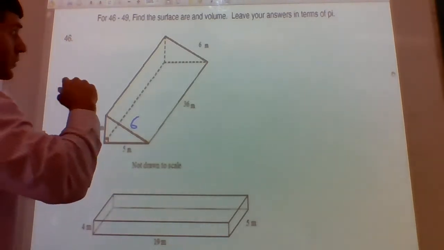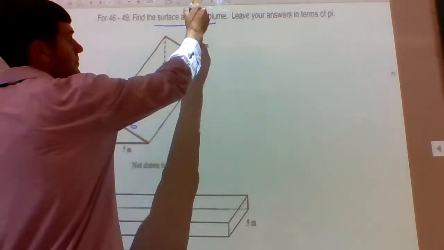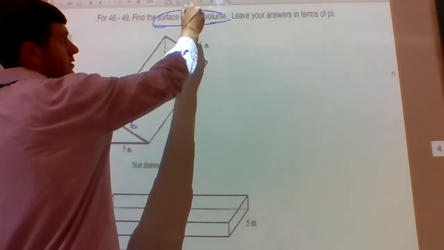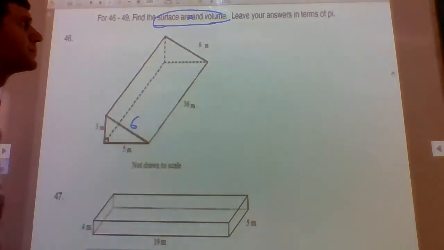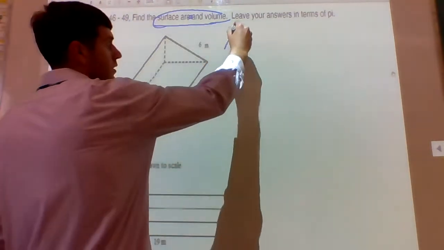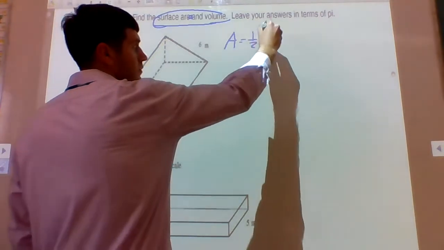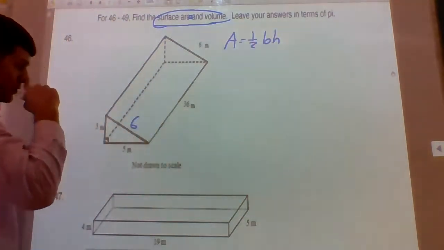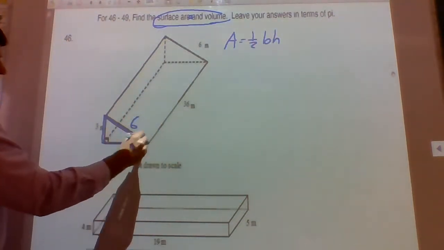Okay, so we got to find surface area. Area of a triangle is 1/2 base times height. For our triangles, we have a base of 5 and a height of 3.